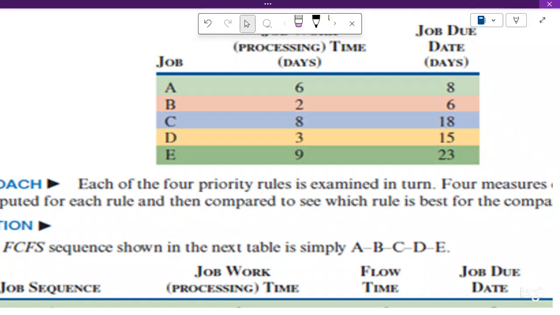Okay, the last step. The lateness, you're going to write it here.